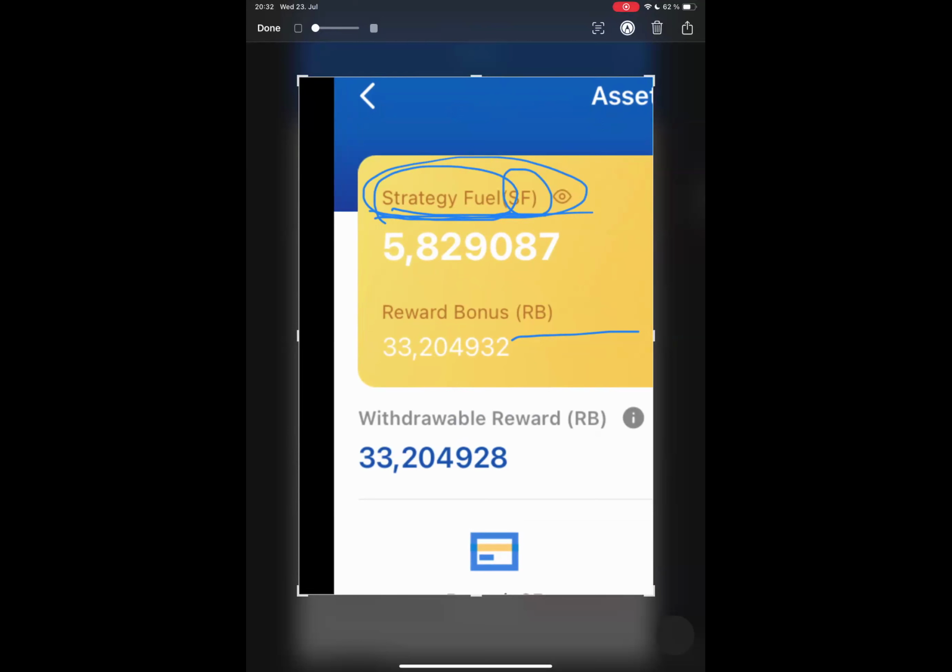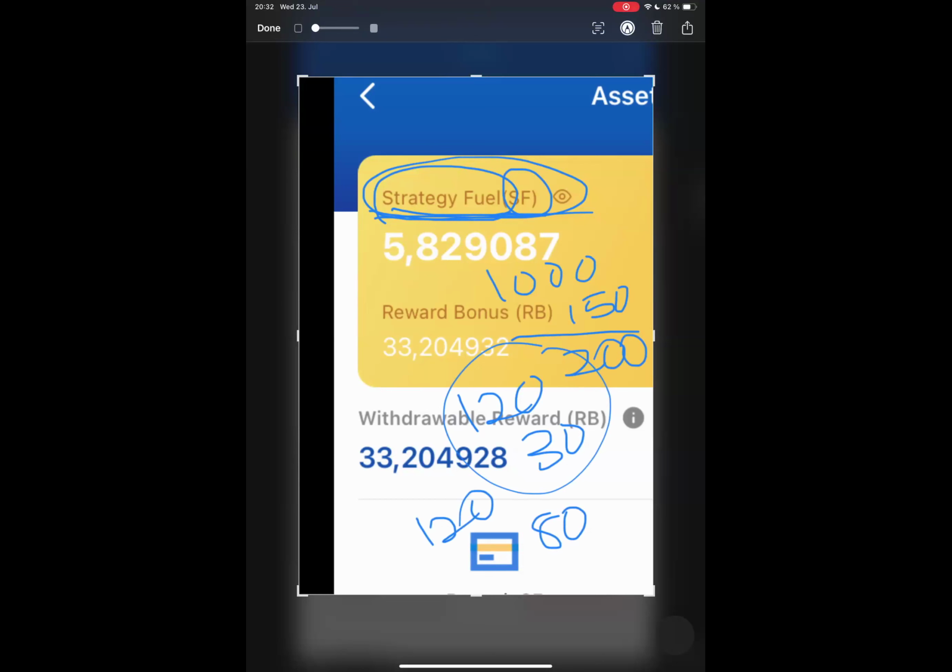If you want to activate your robot and start trading, don't deposit your total capital of 1,000. No. Deposit only perhaps 150 or 200. So we use 120 to activate the robot, then we use 30 for fuel fee. Or we use 120 to activate, then 80 for fuel fee.